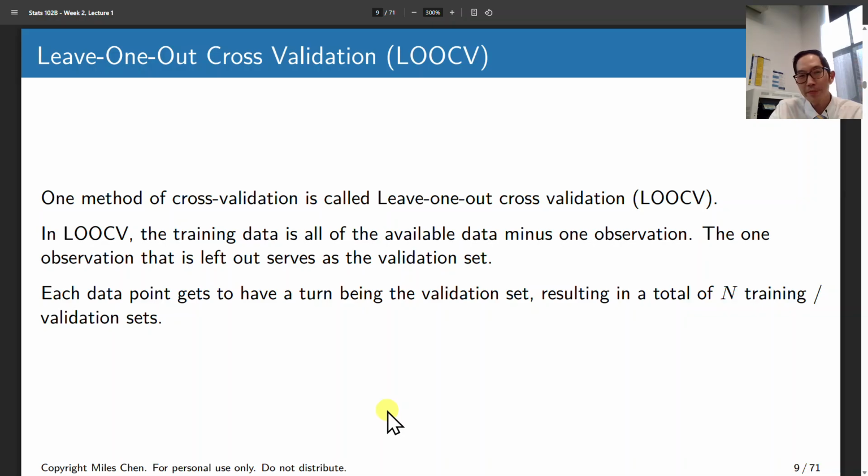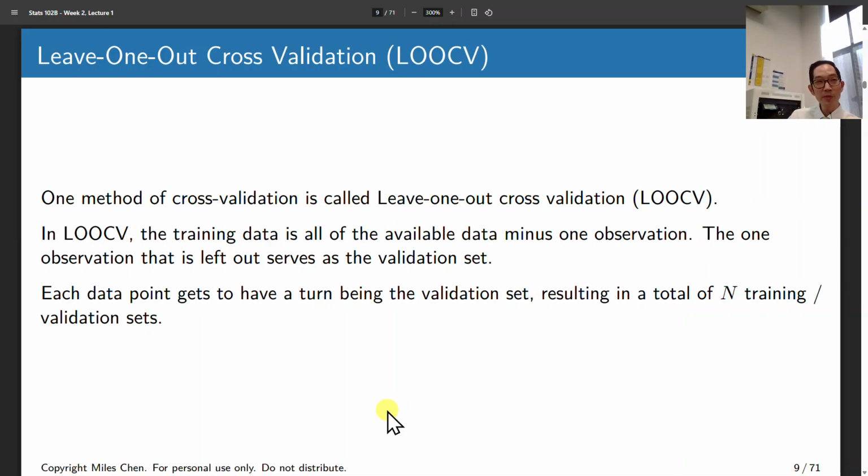So we'll start off with a cross-validation method called leave one out cross-validation, okay? And this one, it's a simple idea, is you just leave one observation out. So your training data is going to be all of your available data except for one observation. You leave one of them out, okay?